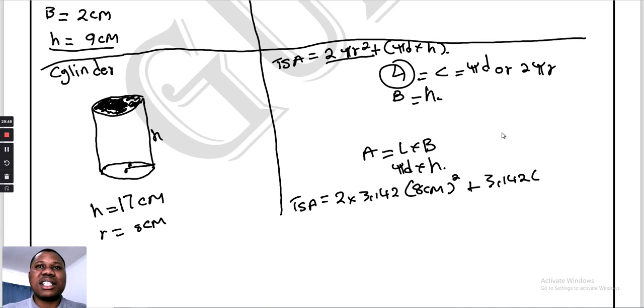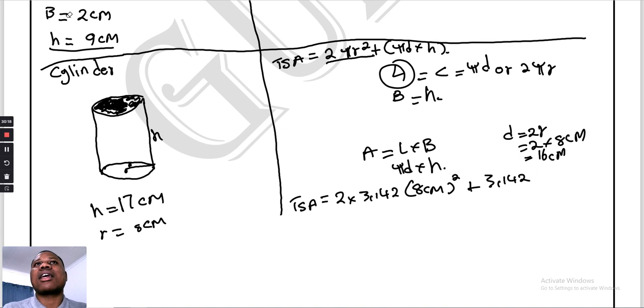How much is our diameter? Diameter is equal to 2 radius, which is equal to 2 multiplied by 8 centimeters. That is equal to 16 centimeters. Then we're going to have 16 centimeters here. Okay, then we close the brackets and then we multiply by the height. Everything can be multiplied here straight away. Let me do this.